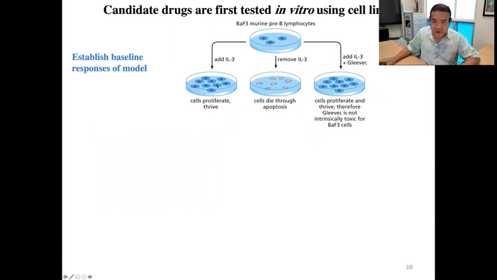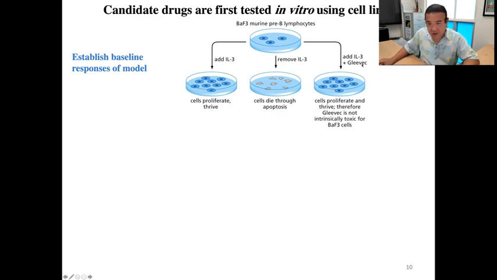If you actually remove all the IL-3 from the media, so there's zero IL-3 in there at all, these cells die because they don't receive that survival signal. So that already shows you the sensitivity of these cells to the natural normal signal that they need in order to grow. And without that IL-3, they don't grow.